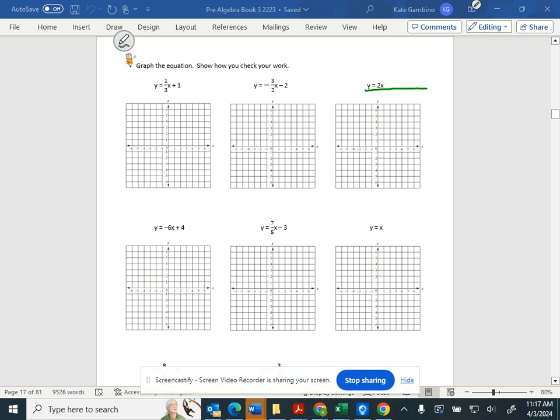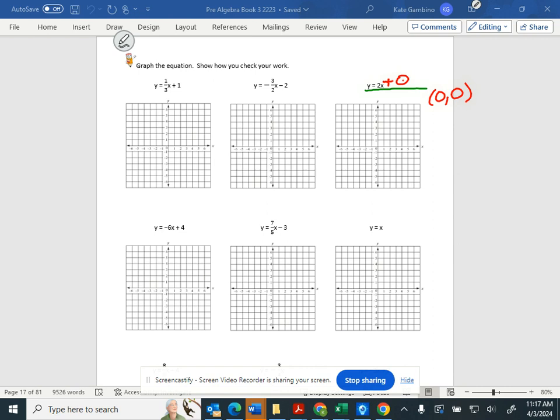Why would it be 0, 0, Fiona? Yeah, because there's nothing there. We don't have to write plus 0, right? That doesn't change anything. But for our y-intercept, x is always 0, and if our b is 0, it's 0, 0.